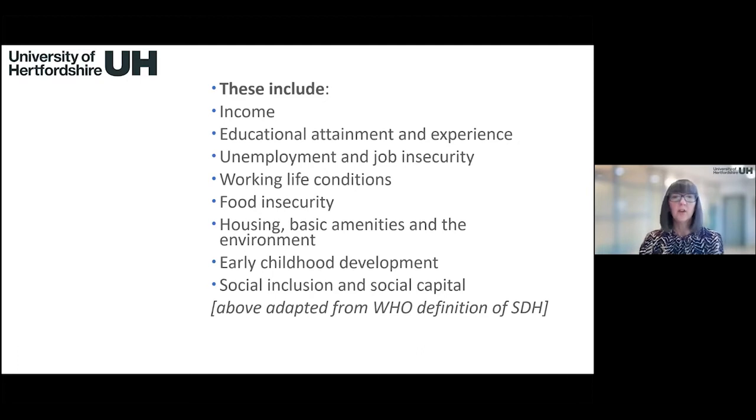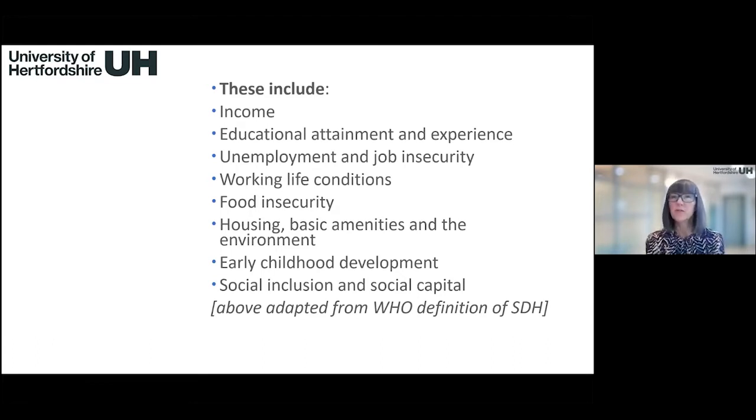But inequalities are avoidable and preventable differences in health status among population groups, which is important that we take account of. So on the screen is an adapted list from the World Health Organization's definition of social determinants. So this includes income, educational attainment and experience, unemployment and job insecurity, working life conditions if you're in work, food insecurity, housing and basic amenities, early childhood development, and social inclusion and social capital.